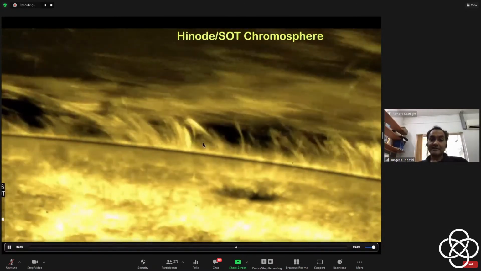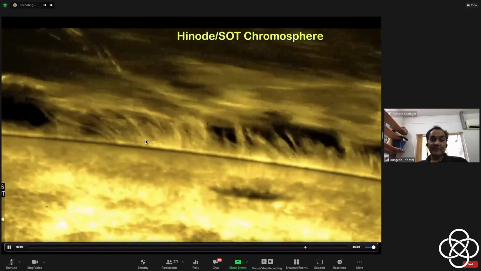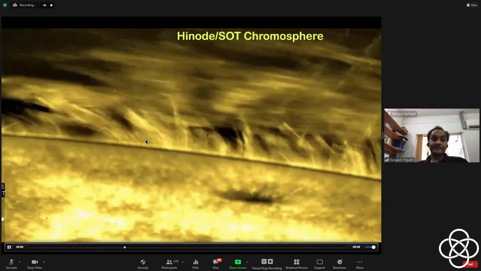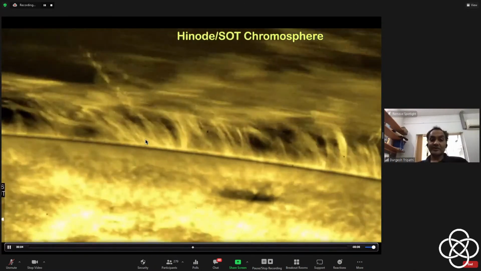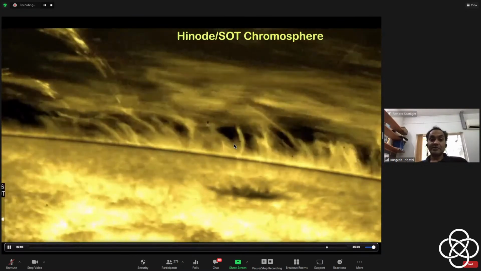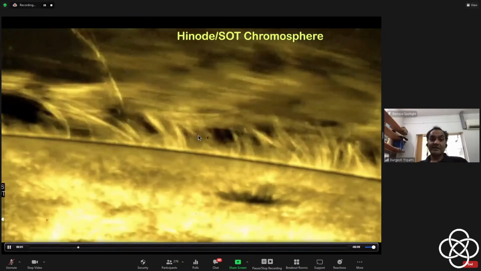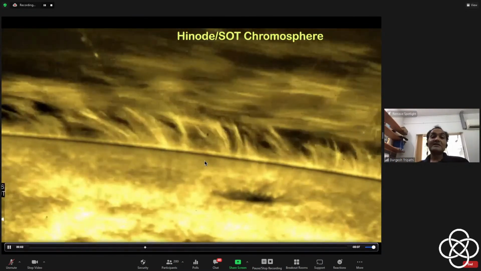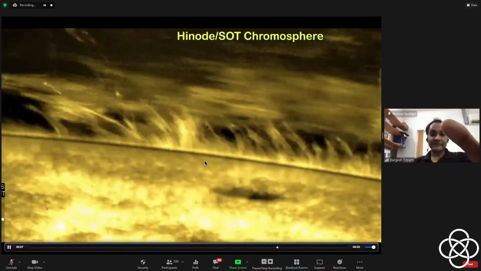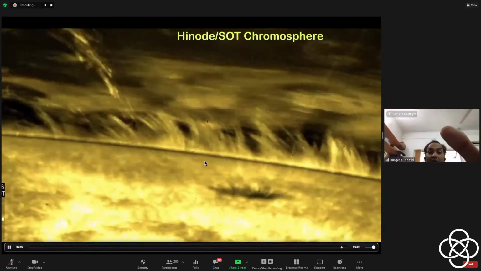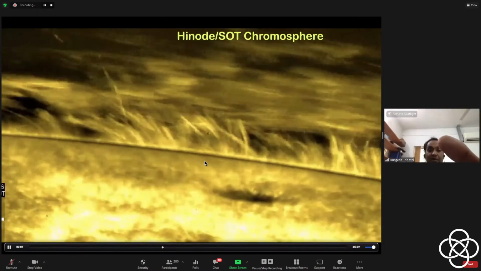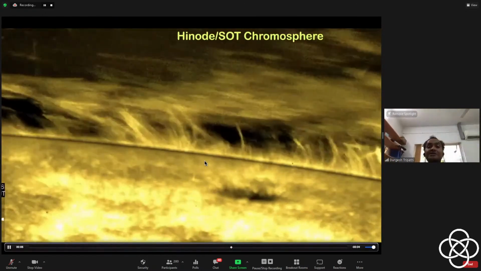People say they show this motion because of Alfvén waves propagating upwards, but it is still an open question what actually forms these spicule structures, why they are oscillating, and how much energy they carry. One of the most important questions people are trying to figure out is what the sources are for this energy, which is heating up the upper atmosphere, and how you transport it.